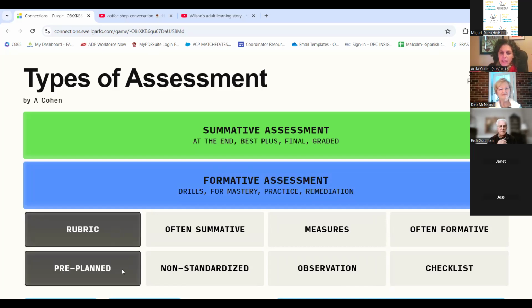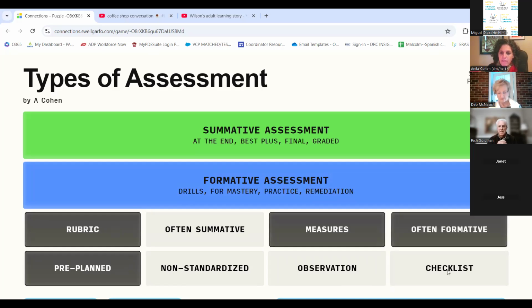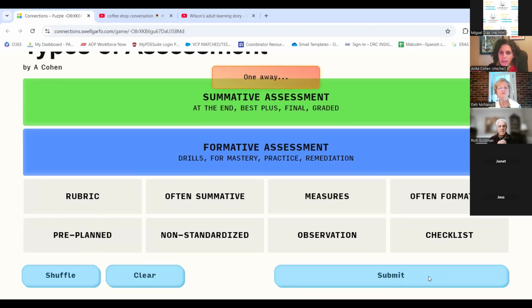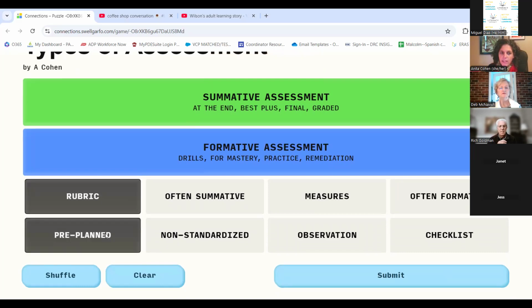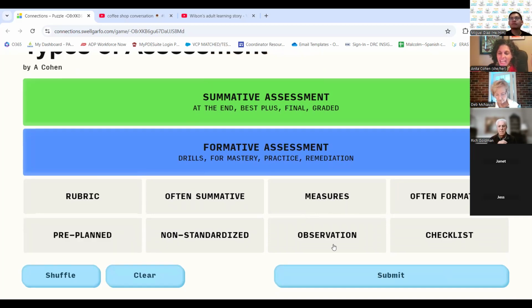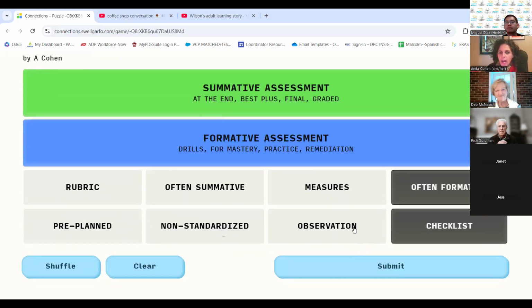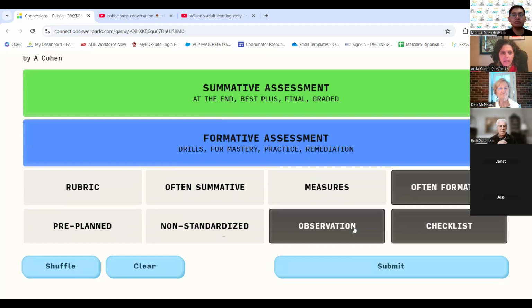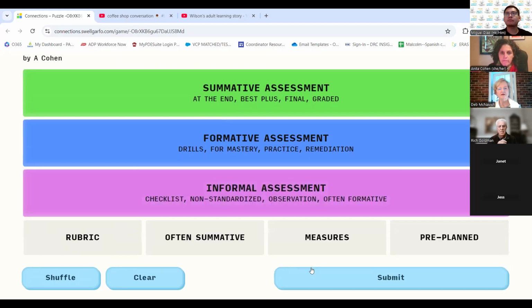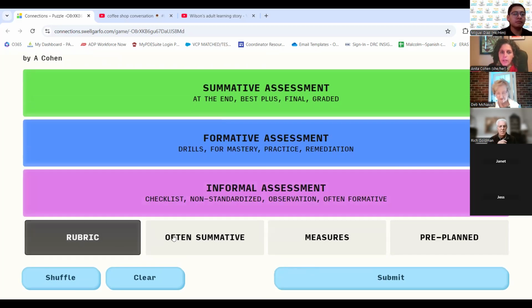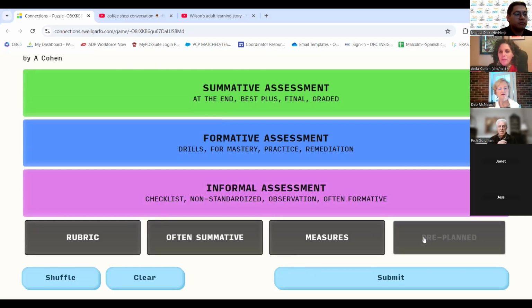It's pre-planned. It measures and it's often formative. What did I get wrong? Okay, let's do. It's hard even for me, okay? Oh, this is often formative, a checklist, observation, and non-standardized is informal. And then formal is the rubric, often summative, measures, and pre-planned. That's what I missed.